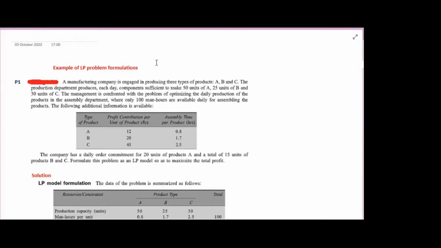Here you can see some examples on linear programming problem formulation.